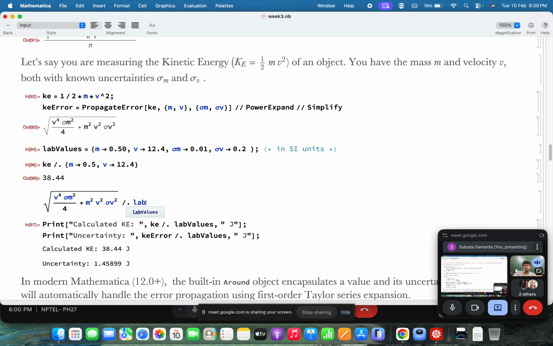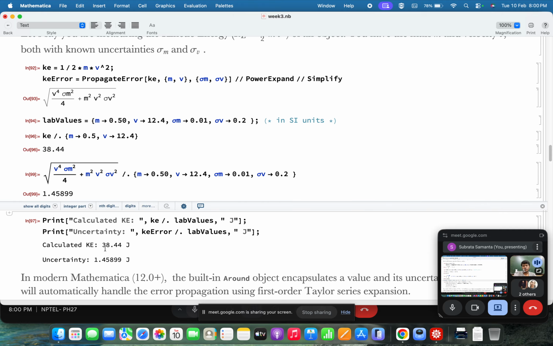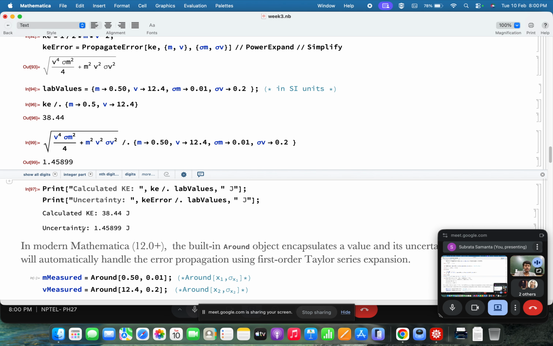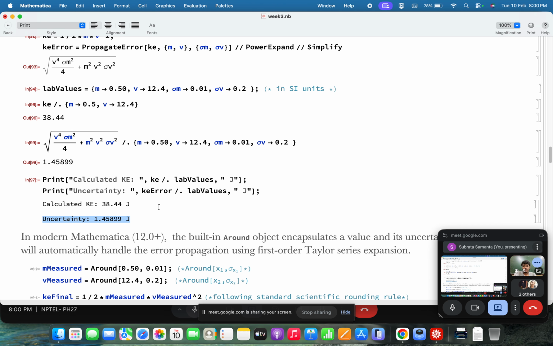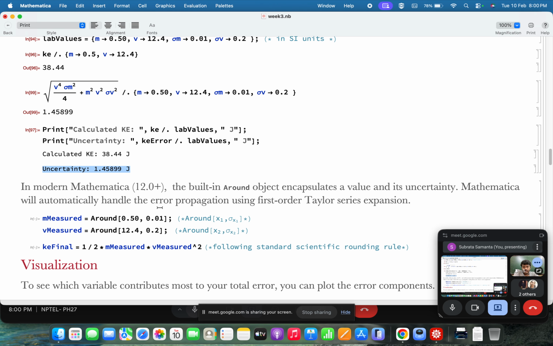I put sigma m and sigma v: sigma m is 0.01 and sigma v is 0.2. Once you put these, that means we assign everything here. You see 1.45889 joule. Actually, this is the result.